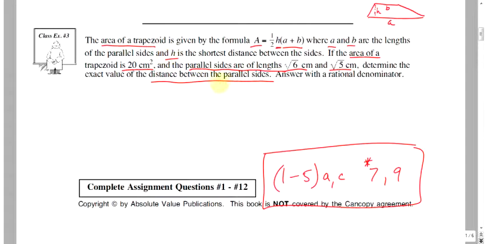They didn't put it down here. That's what we're trying to find, okay? So most of you will probably do this. The area is 20, okay? Is 1/2 h. That's what I'm trying to solve for. a and b, I know those. Doesn't matter what order these are in. Okay?